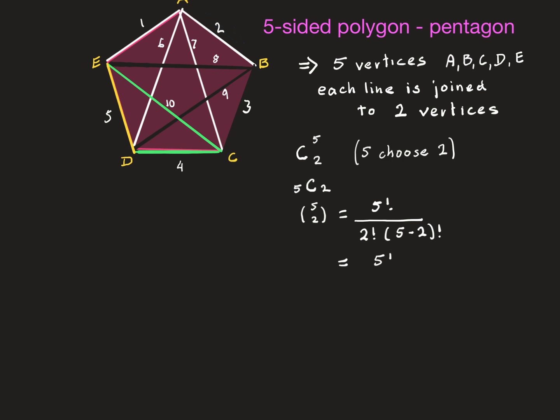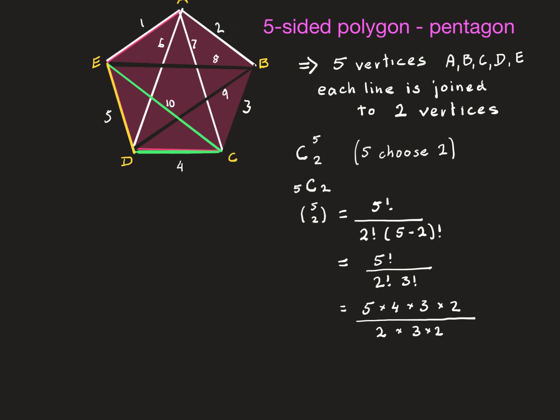5 factorial over 2 factorial multiplied by 3 factorial. If I expand that, that will mean it's 5 times 4 times 3 times 2, and I divide this over 2 times 3 times 2.